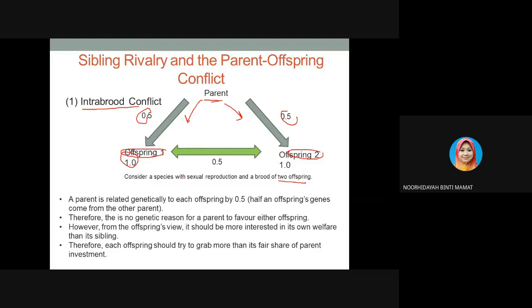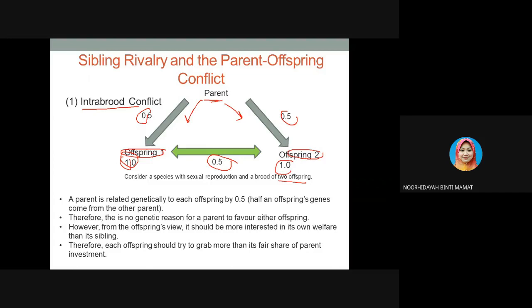Therefore, each offspring should try to get more than its fair share of parental investment, because each is more related to itself. They are more related to themselves than to each other, to whom they are related by only 0.5.